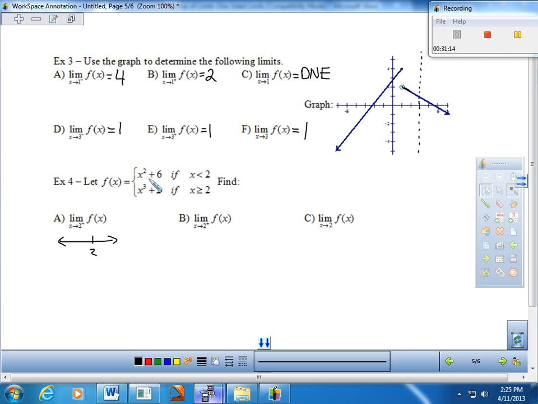Now I don't want to do that. I don't want to mess around with tables again. The properties allow us to put the number in if we can. So guys, let's put in 2. But for the left-hand limit, do you think we're going to put it in the top or the bottom? Well, again, guys, I alluded to it. We're going to put it in the top. So we're seeing what happens as we come at it from the left. And so as a result, we're going to put in the 2 based on this premise right here.